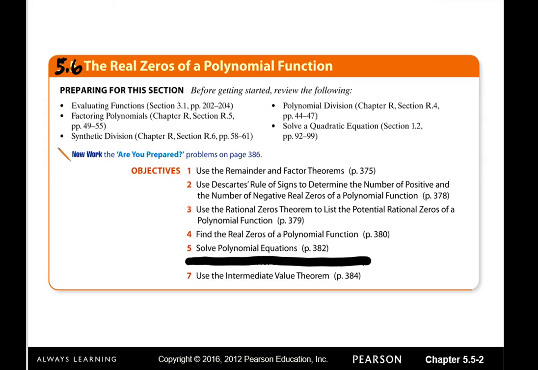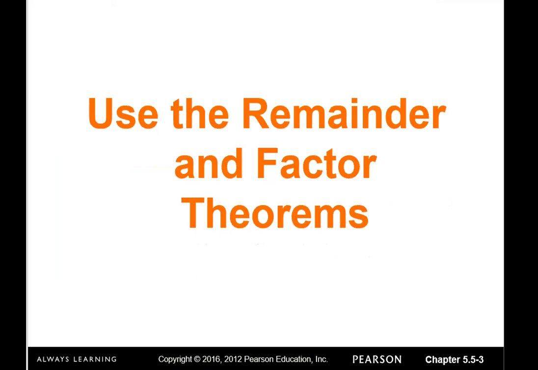We're going to start with number 1, the remainder and the factor theorems. Let's just refresh our memory about what remainders are and what factors are. If I take, I don't know, like the number 9, and I divide that by 2. 2 goes into 9 4 times, that's 8, and there's 1 left over, right?